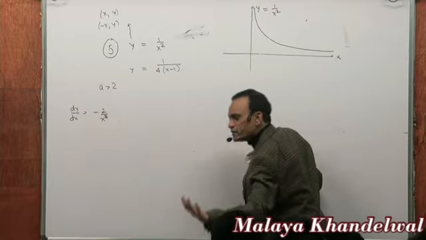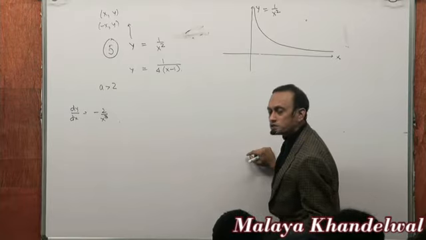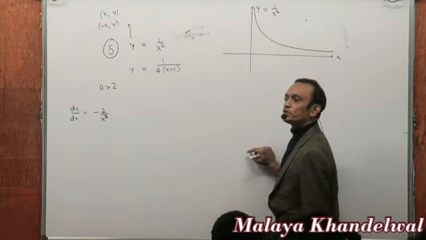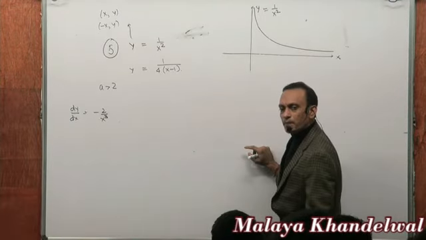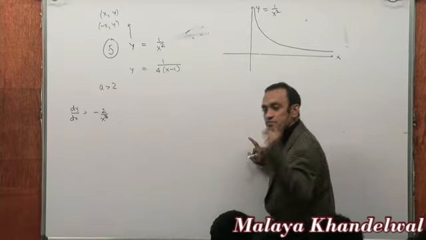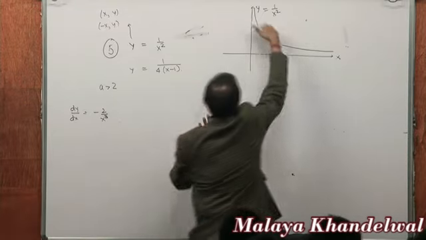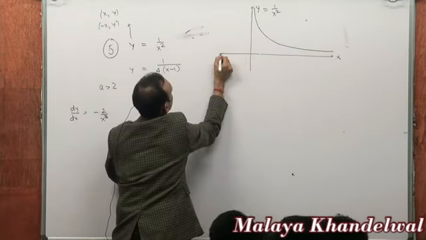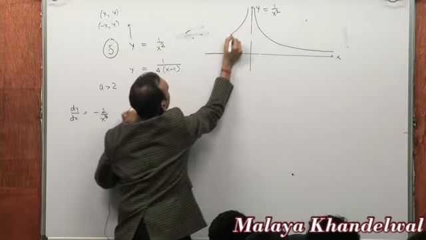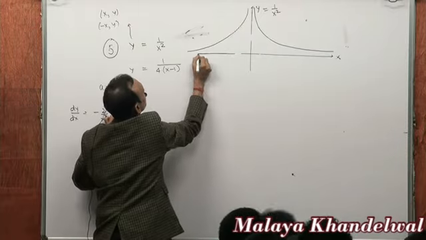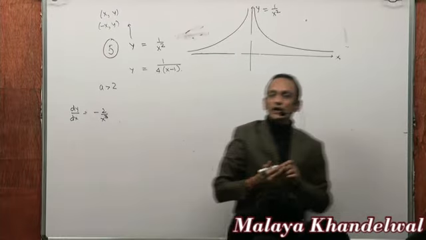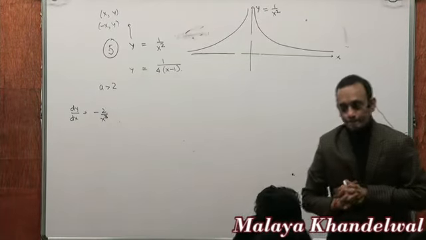If there are only even powers of x appearing in an equation, then the curve has to be symmetric about the y-axis. If there are even powers of y, then it has to be symmetric about the x-axis. So for sure, if this is the curve in the first quadrant, then this is how it is in the second quadrant, enjoying symmetry. That's y equal to 1 by x squared. What do you say?